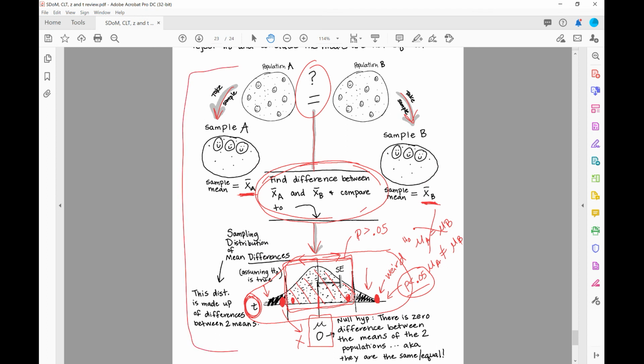So what the computer does is this process. It says, okay, assuming they're equal, now let's look at the mean for this group and the mean for this group. If we assume they're equal based on this sample size, this is the sampling distribution. What's the difference between these? And then it figures out whether it lands in the middle or whether it lands in the rejection regions.